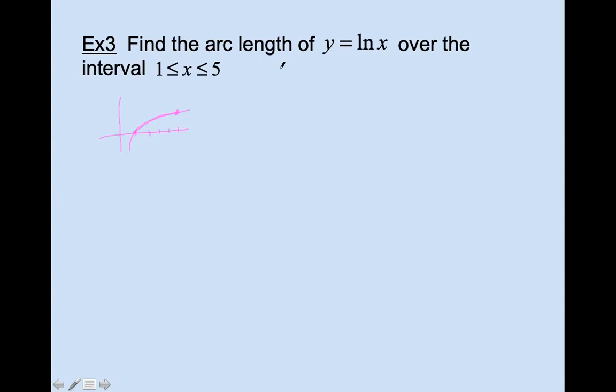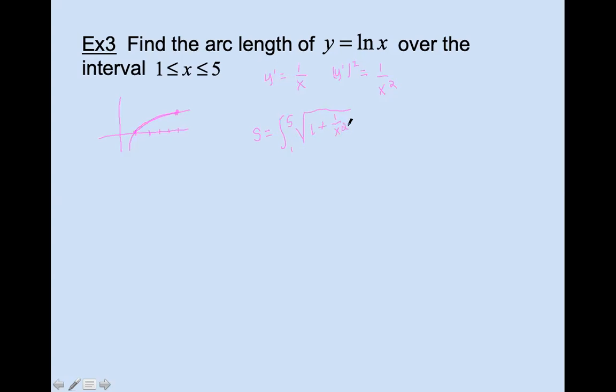So I'm trying to find how long is this part of the curve here between those 2 points. All right, so we'd get y prime is equal to 1 over x, and y prime squared then would be equal to 1 over x squared. So then our integral to find our arc length is the integral from 1 to 5 of the square root of 1 plus 1 over x squared.